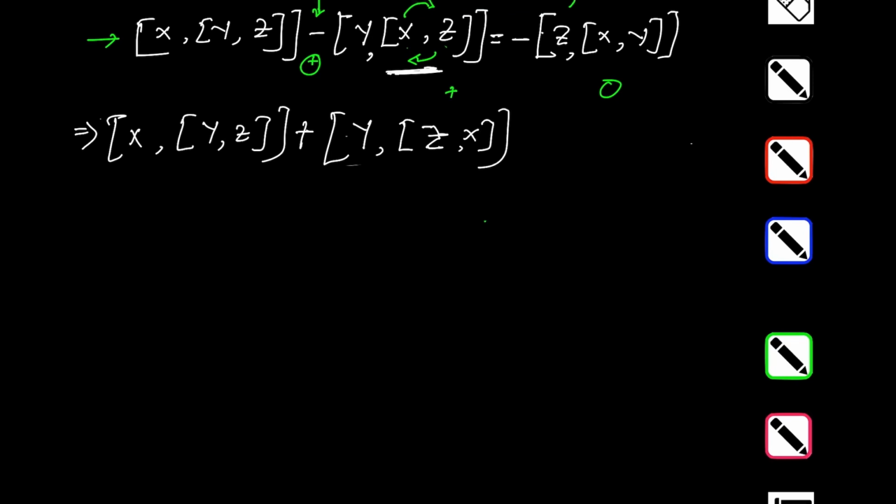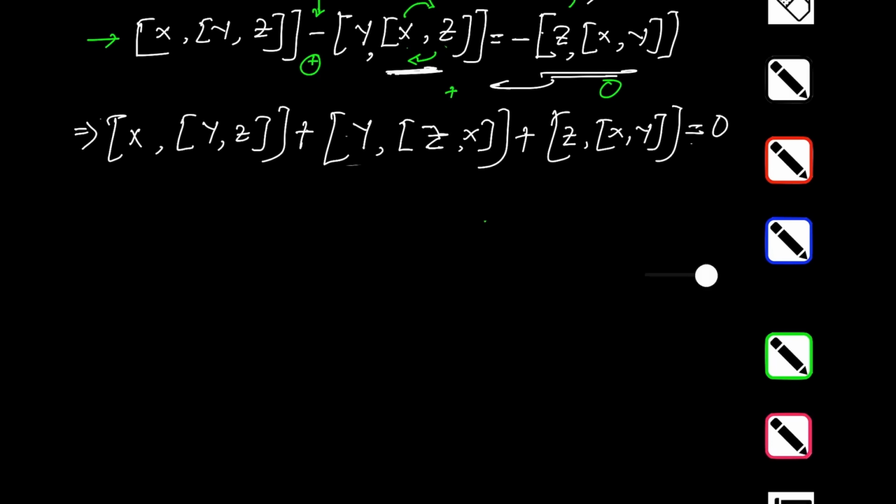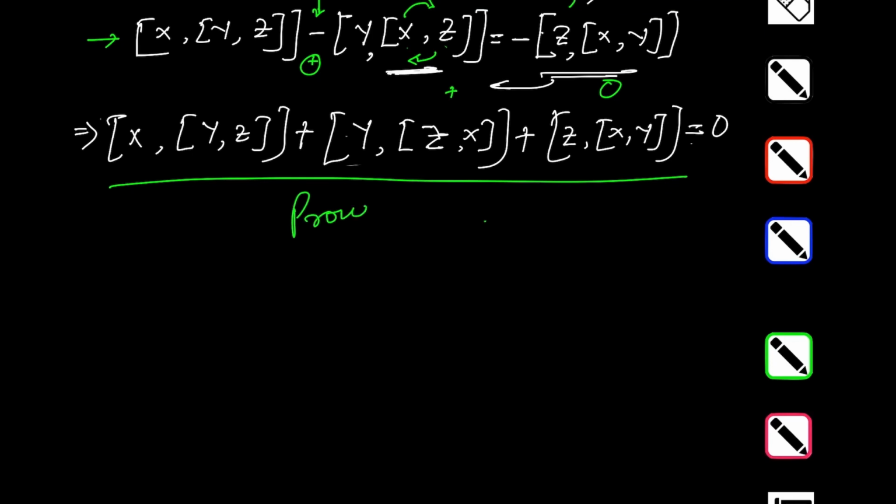Then this term, positive Poisson brackets of z and that of x and y, is equal to 0 on the other side of the equal sign after shifting this term to the left side. So this is Jacobi's identity, hence proved.